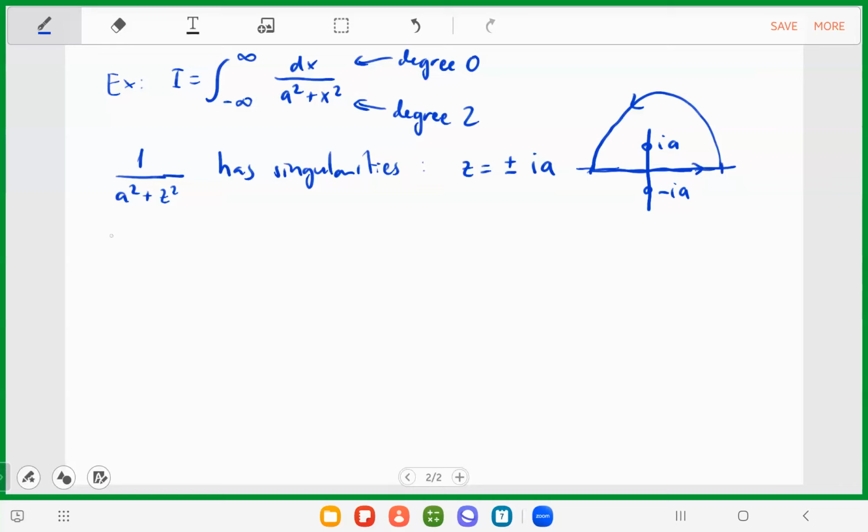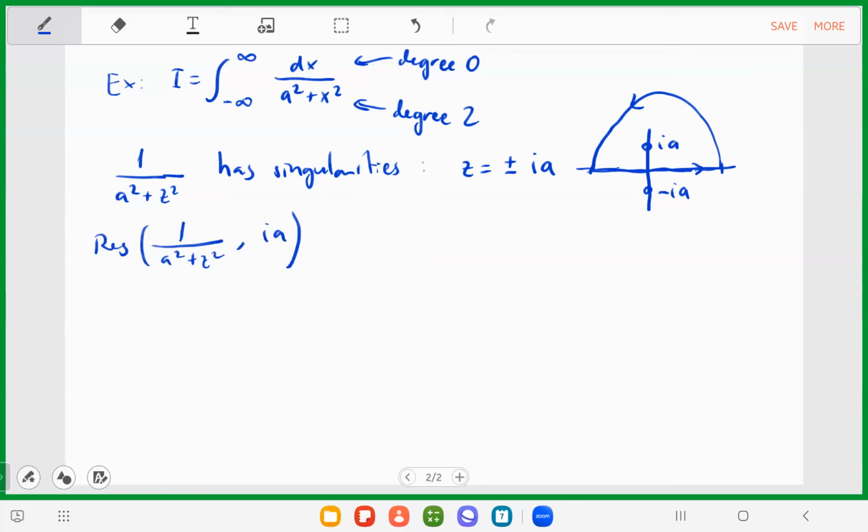So we need to find the residue of 1 over a squared plus z squared at the point ia, which is the point that is inside the contour. How do I calculate this?